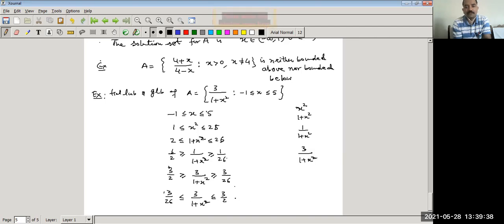So therefore, we can say LUB of A is 3/2 and GLB of A is equal to 3/26. So in this way we can find the LUB and GLB of the given set A.